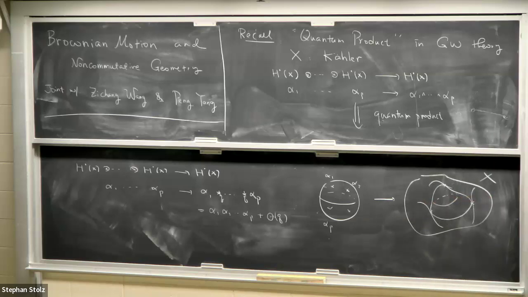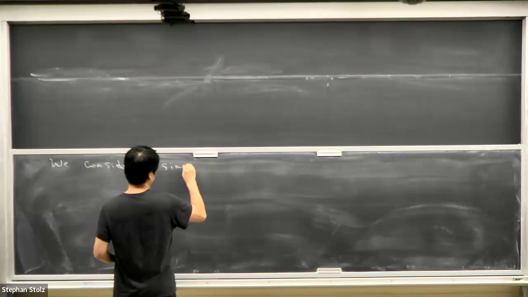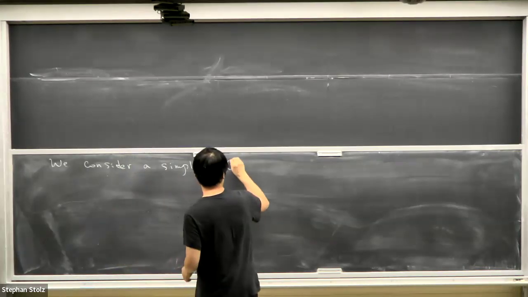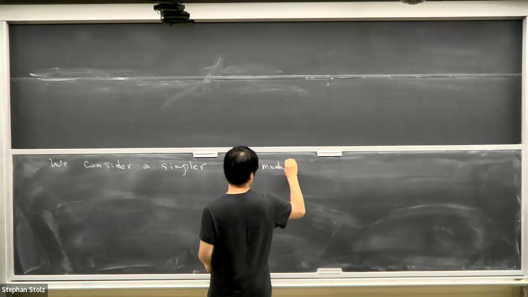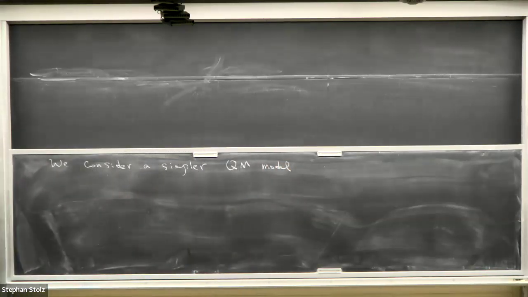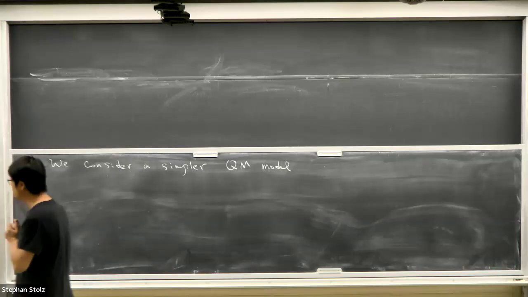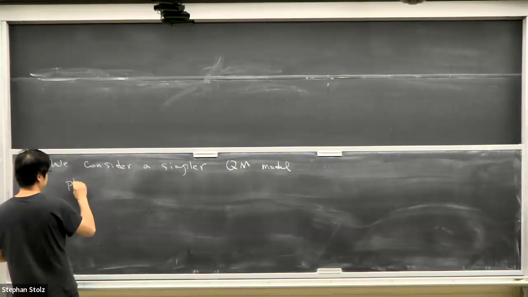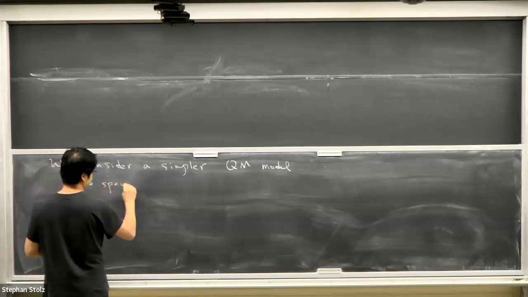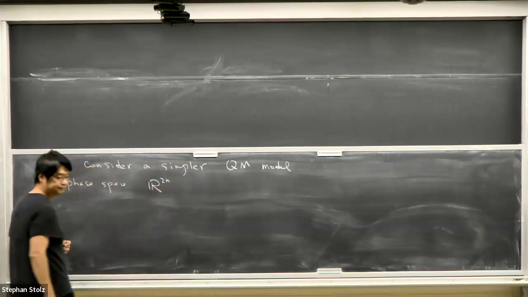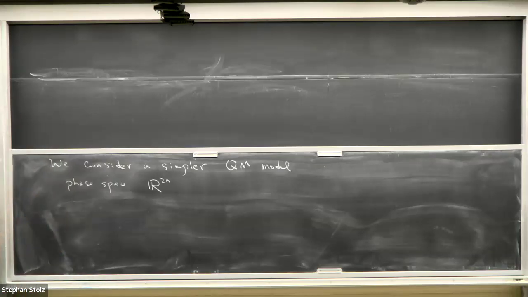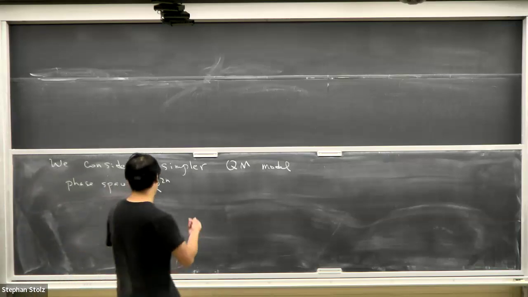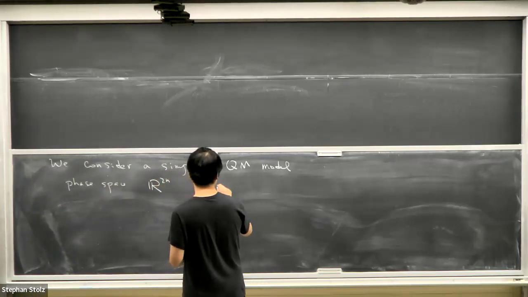Now I want to do something even simpler. It's a simpler quantum mechanical model. In a similar fashion, suppose I work on a classical phase space. On this phase space, I can look at functions, for example holomorphic, like polynomial functions.